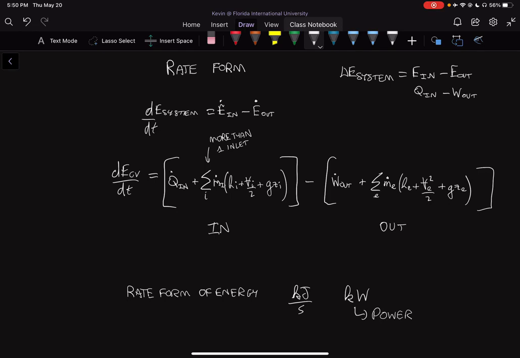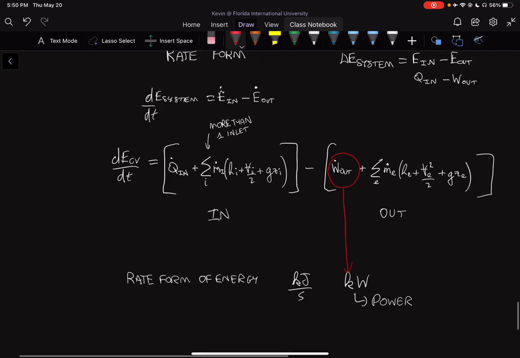Okay, so kilowatts is usually called power in other terms as well. So we'll look at how we can use power. So if you are asked to determine the power of a system, the power of a system is usually associated with W out. Okay, so you're trying to find W dot out, which would be your power.